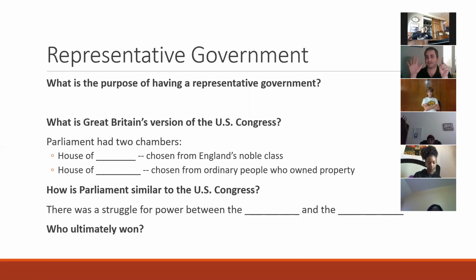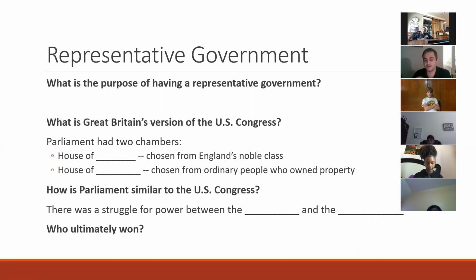Senators are elected for 6-year terms. Our House of Representatives are only elected for 2. To be a member of the House of Representatives, you have to be at least 25 years old. To be a member of the Senate, you have to be 30. So it's a little bit more prestigious.